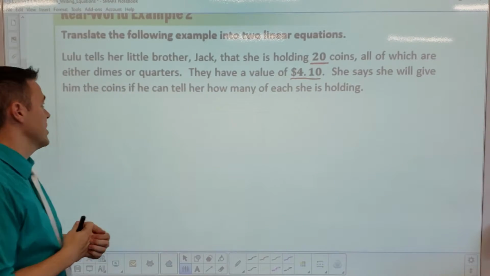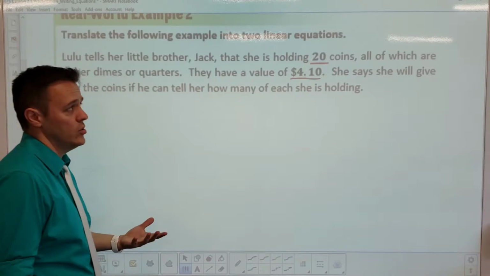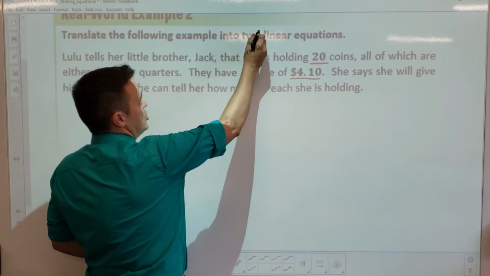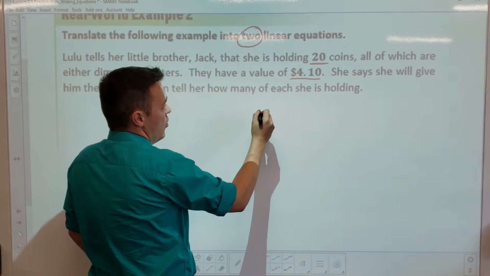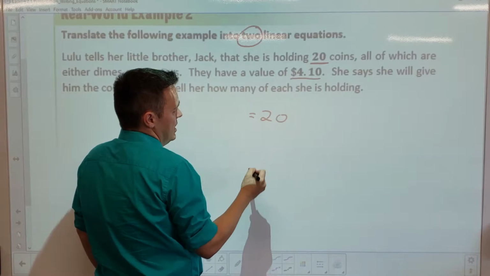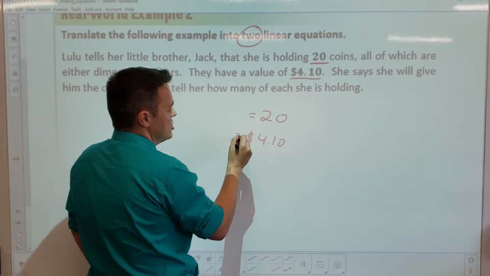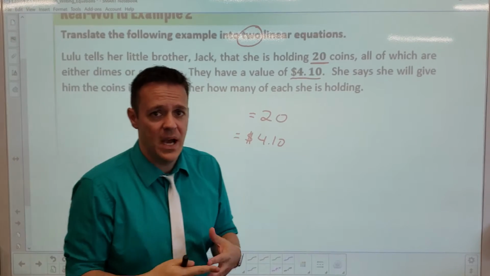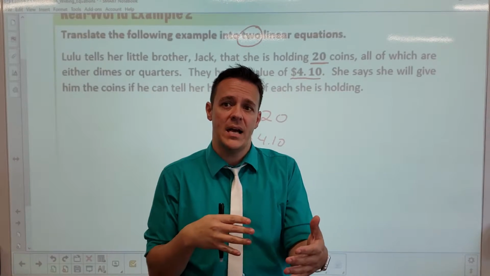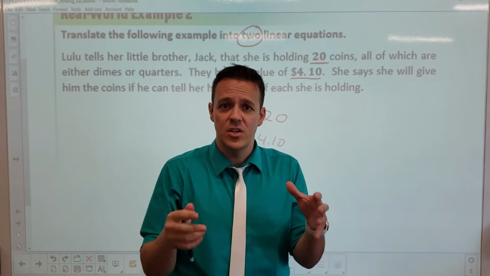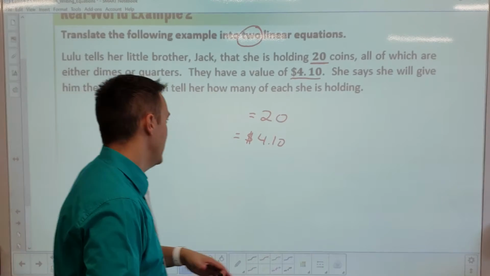She says she'll give him the coins if he can tell her how much she is holding. So what we're doing is writing two linear equations, okay? One is going to end with 20, and the other one is going to end with $4.10. So the key philosophy behind this, as we talk about in class today, is understanding that you need to make a key, okay?